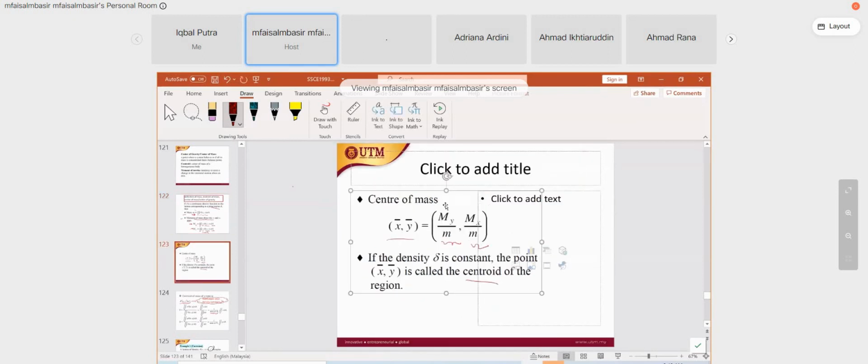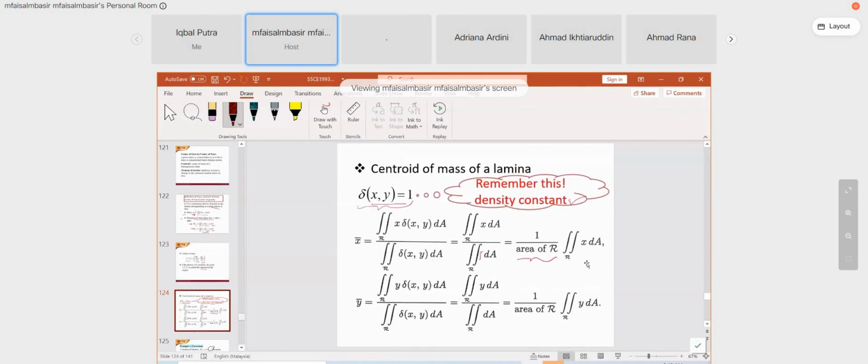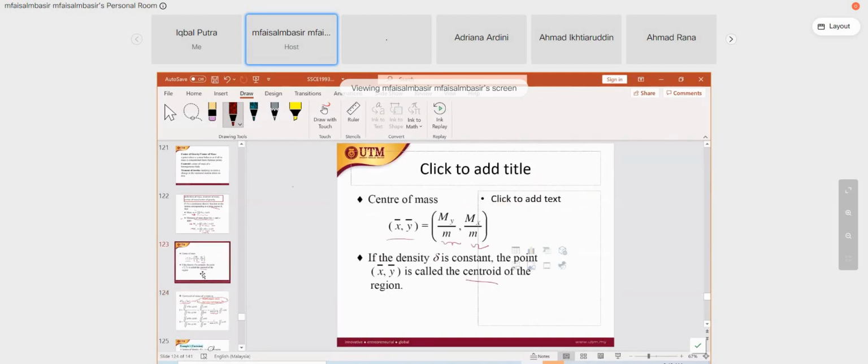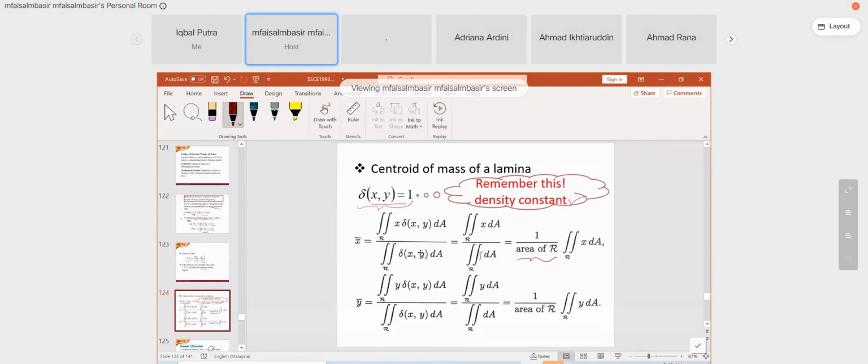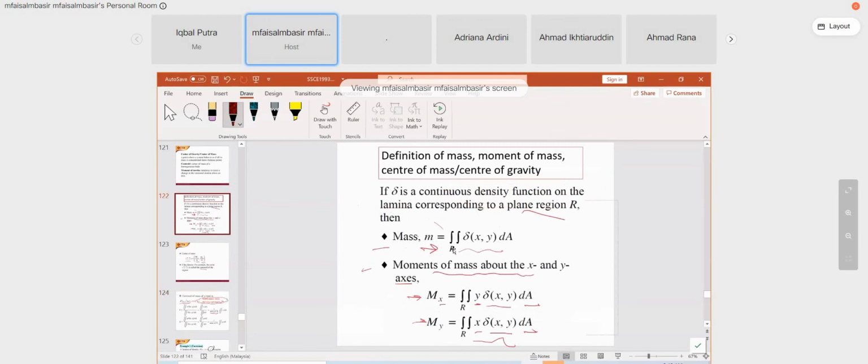The formula for the center of mass will be Mx over m, My over m. This is for the x-axis, and this is for the y-axis. If the density is constant, the point is called the centroid. So remember your x bar is My over m, and y bar is Mx over m, as told here.